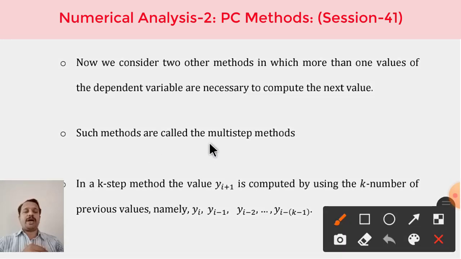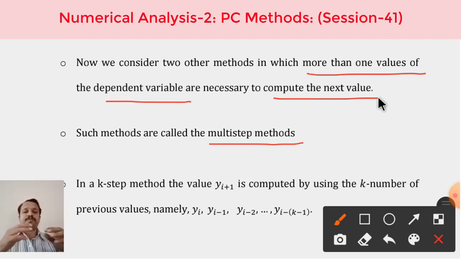I told you that we are dealing with the predictor corrector methods, and particularly the multi-step predictor corrector methods. These are called multi-step methods because they use more than one value of the dependent variable, or the unknown, for computing the value of the unknown at the next point.